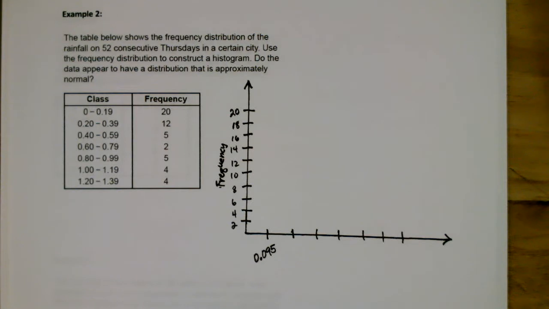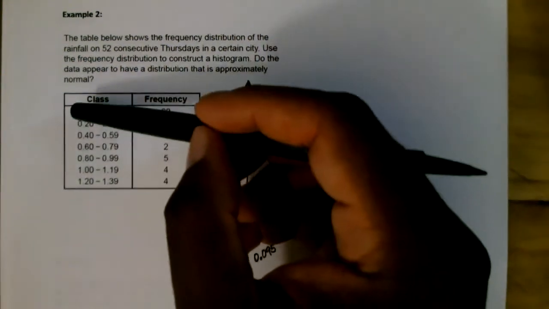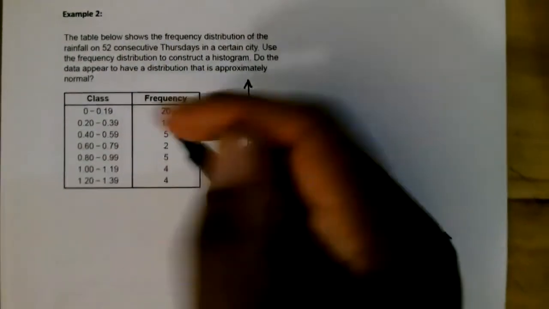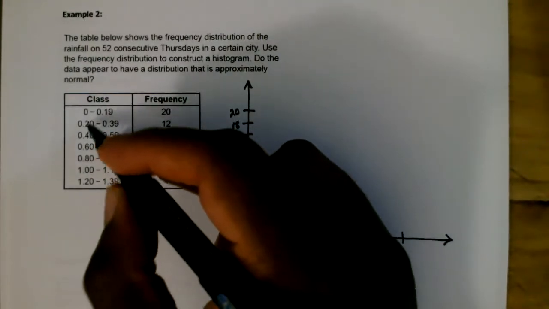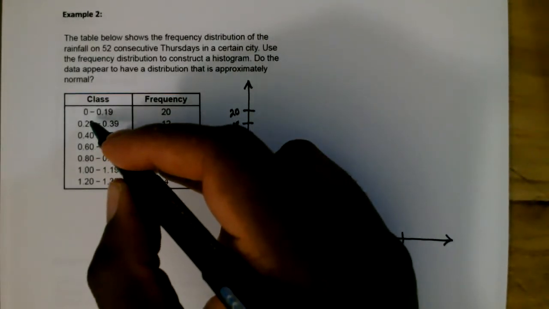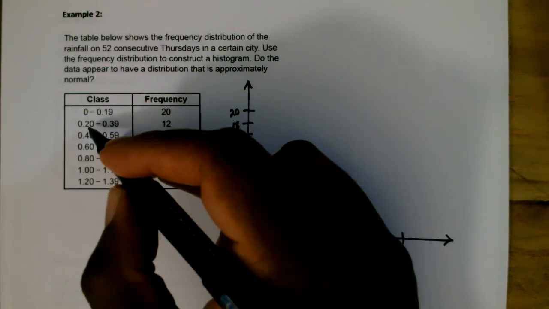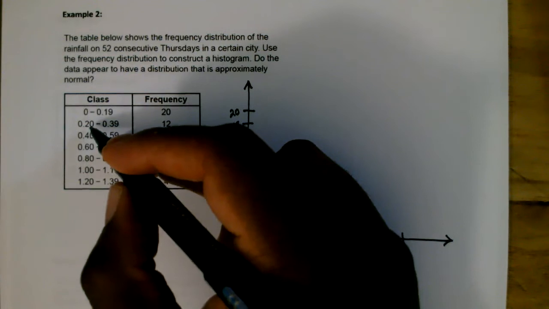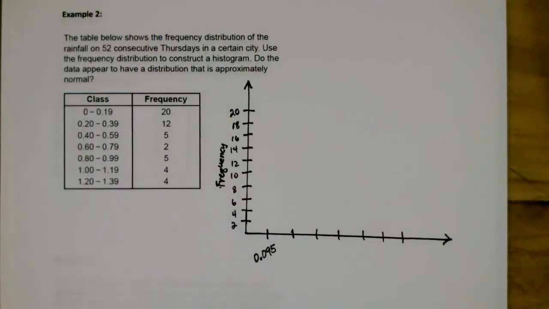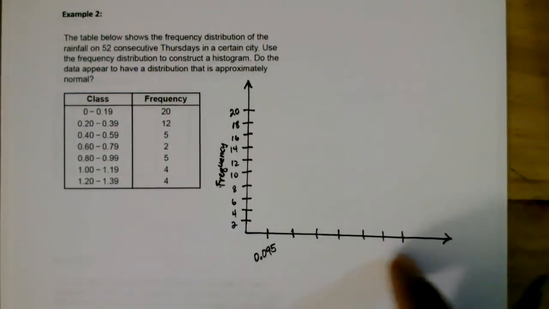And I'm also going to find the class width. If you recall, the class width is the difference between any 2 consecutive lower class limits. So 0 from 0.20 is, of course, 0.20. That class width of 0.20 will help me come up with the other class midpoints.